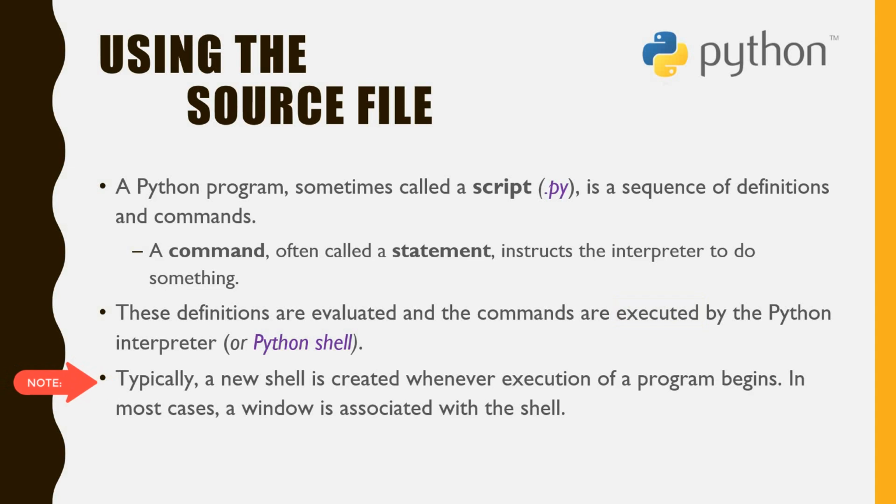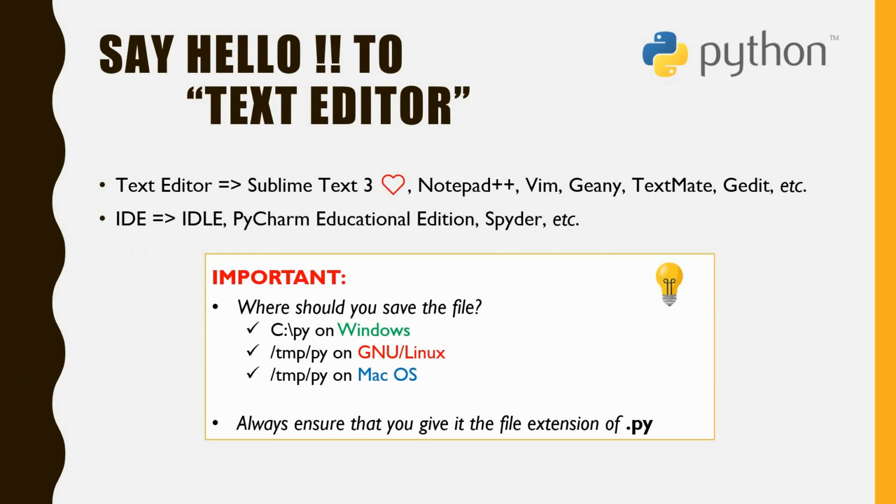Typically, a new shell is created whenever the execution of a program begins. So if you run your Python code twice, then a new shell will be created for each execution. In most cases, a window is associated with this shell. Now, before we move into the Python shell to execute our Python program, we need to create our Python code.